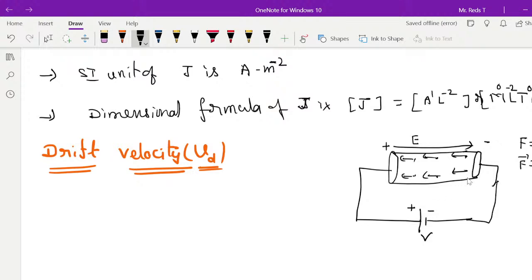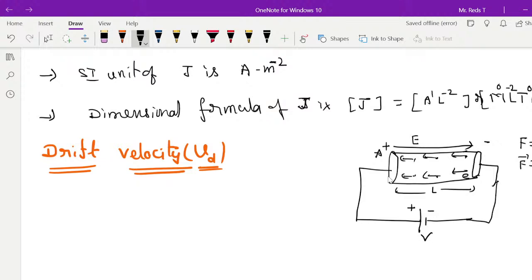So the electrons start moving from right to left. Say the conductor has uniform area A throughout and length L. The electrons drift from right to left. During this motion, they undergo a few collisions, but overall, because of the energy supplied by the battery, they gain enough energy to travel from right to left.